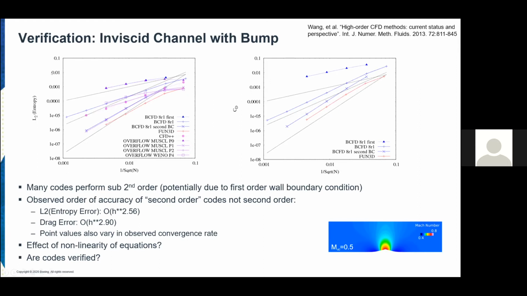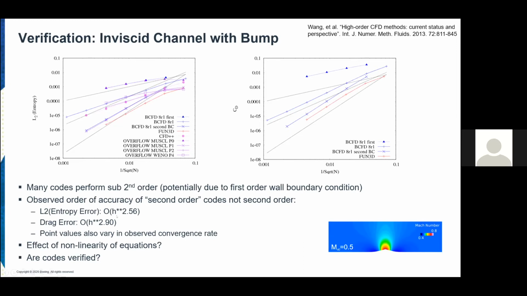The interesting thing as well is that if you look at other metrics, for example, the drag coefficient, or even point-wise values, you'll see that you get different convergence rates. And again, this is not contradictory to theory, but it often goes beyond what people are introduced to. For example, we see that the drag error is almost third order accurate for these cases that were second order accurate in terms of entropy, because of the way that we're combining the output into functionals.